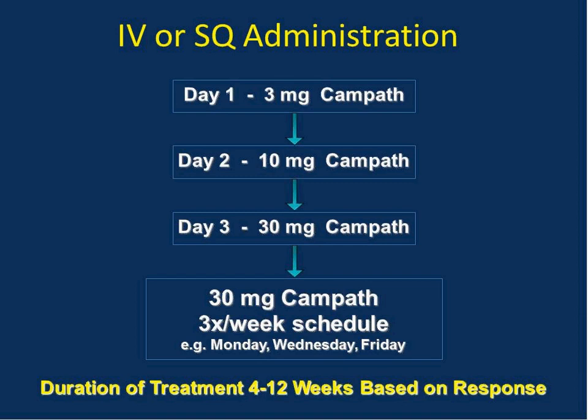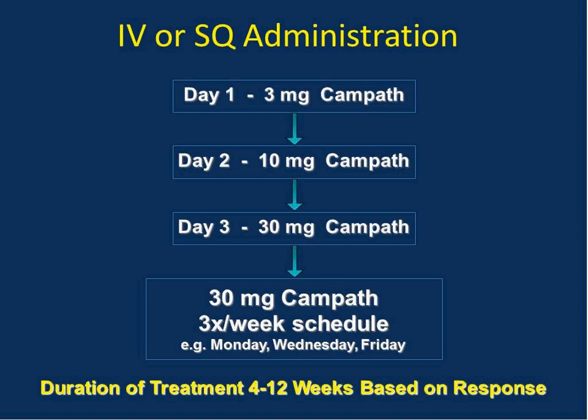With Campath, you do dose escalation. So typically, we treat patients 3 times a week, Monday, Wednesday, Friday, and you start with 3 milligrams. You then dose escalate to 10 milligrams, and then your target dose is 30 milligrams 3 times a week.